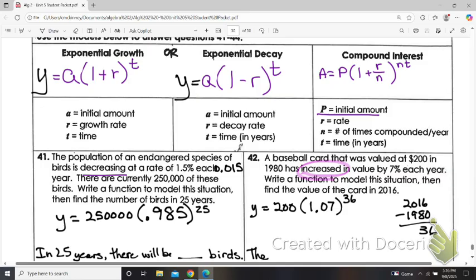And then we can say the value of the card, since 2016 is past now, is so many dollars and so many cents.